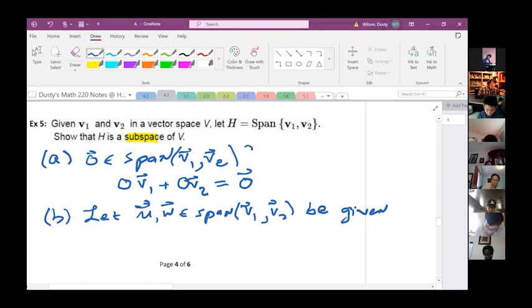So I have these two vectors U and W that are in the span.